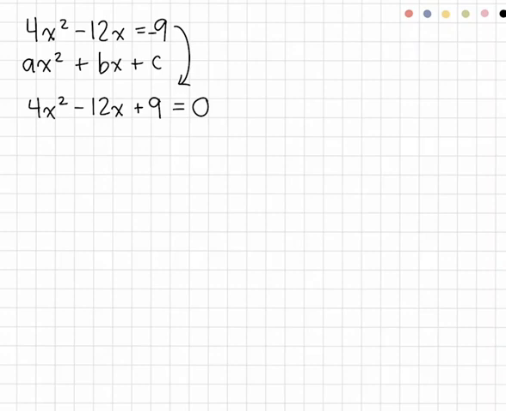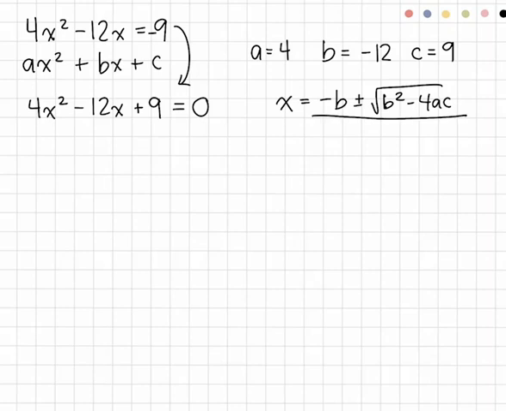We have a value for a here, which is 4, a value for b here, which is negative 12, and a value for c, which is 9. Okay, so let's go ahead and substitute those into our quadratic formula, which I'll just rewrite here for you. Negative b plus or minus the square root of b squared minus 4ac divided by 2a. And we'll have our little pink box around it.